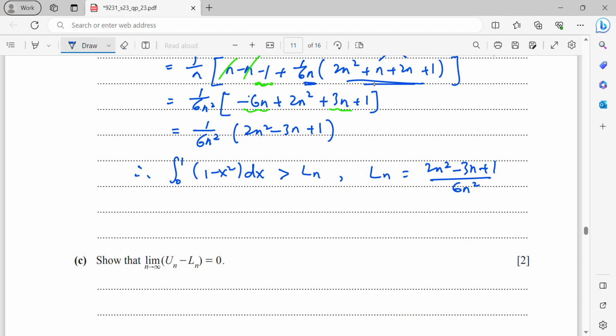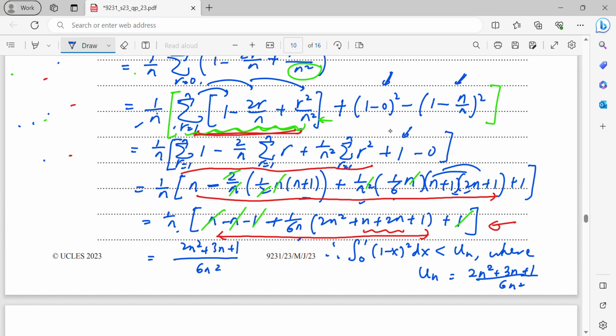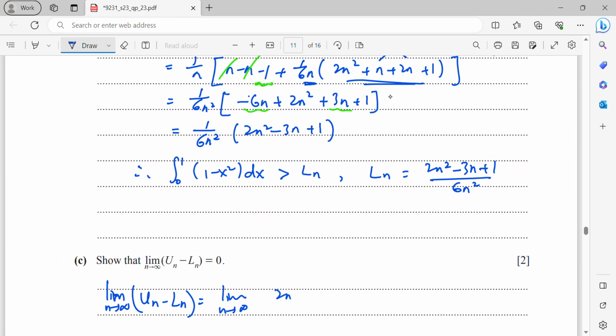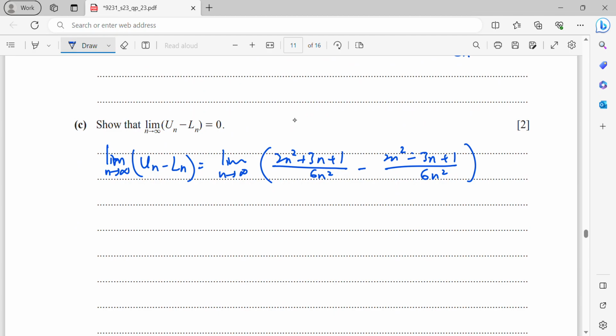So now the limit as n tends to infinity of un minus ln is the limit as n tends to infinity of 2n squared plus 3n plus 1 over 6n squared, minus 2n squared minus 3n plus 1 over 6n squared. So when you simplify this, the numerators are the same except the middle term. The plus 3n changes to minus 3n.